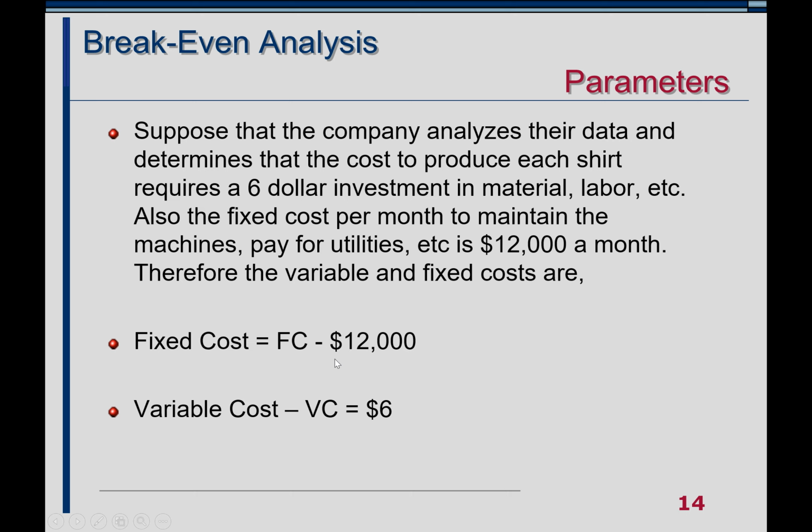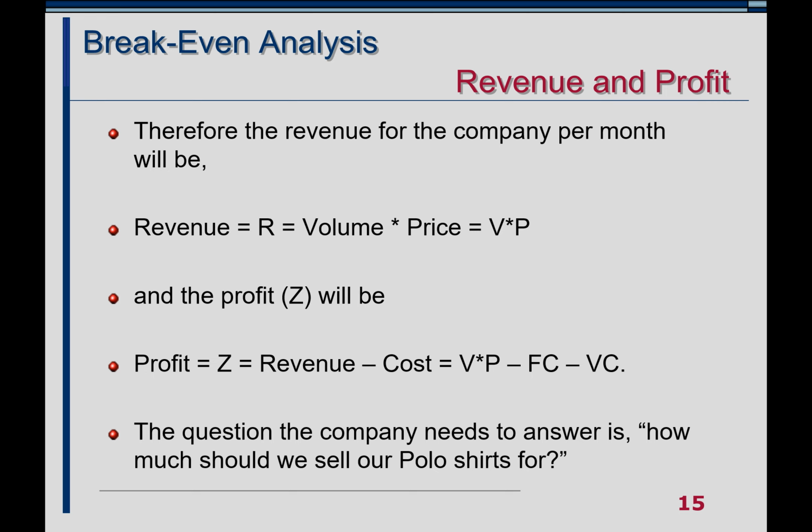But you're paying $12,000 a month just to keep the doors of the factory open. Okay, so that's what's referred to as a fixed cost. And like I said, a variable cost is variable. It's dependent upon how many products you actually produce. So therefore, the revenue for the company per month is going to be your volume times your price.